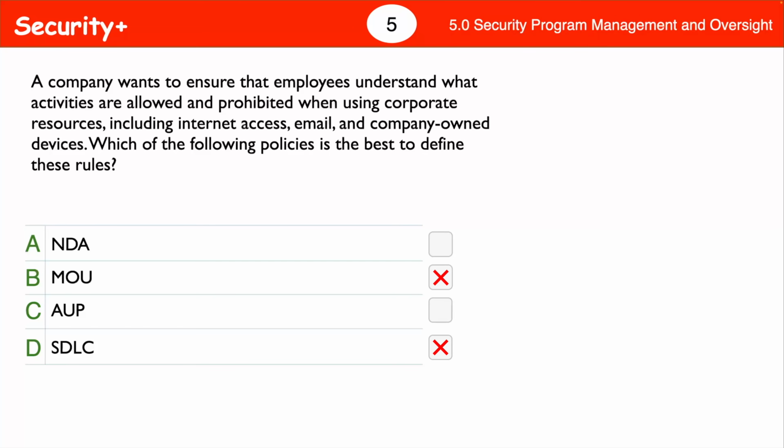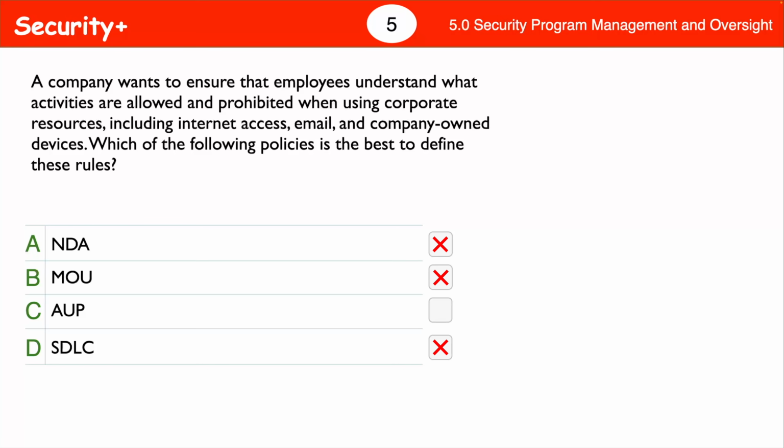And then that's going to leave us with NDA or AUP. And remember, the question is asking which of these two policies the employee has to abide by when it comes to using company equipment and resources, okay? And I can tell you that that policy is not A, NDA.